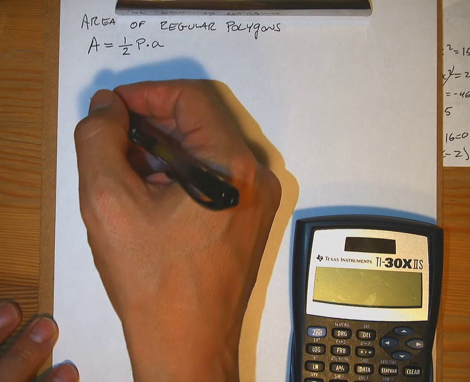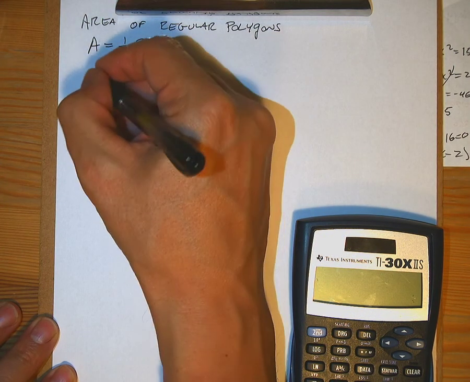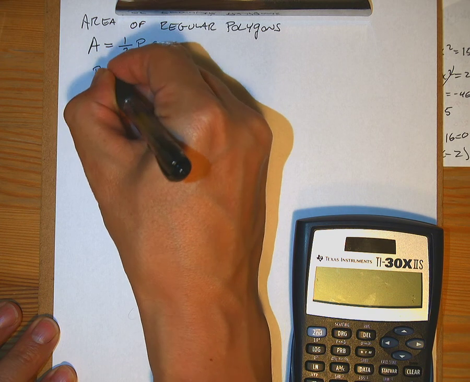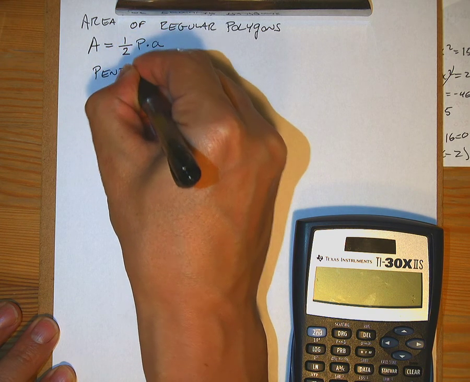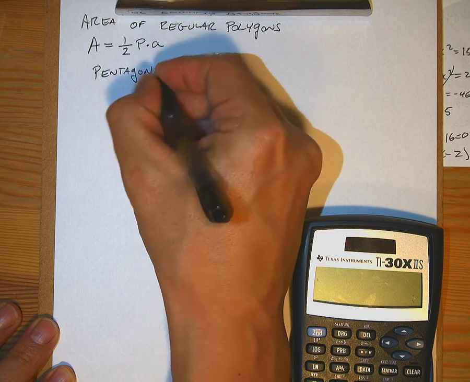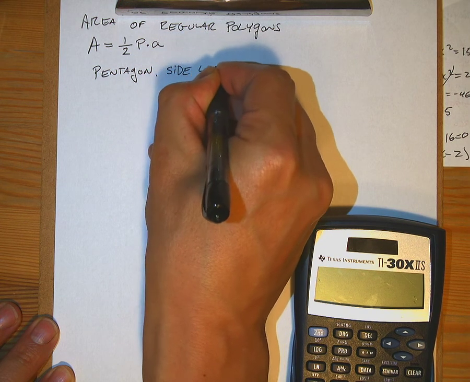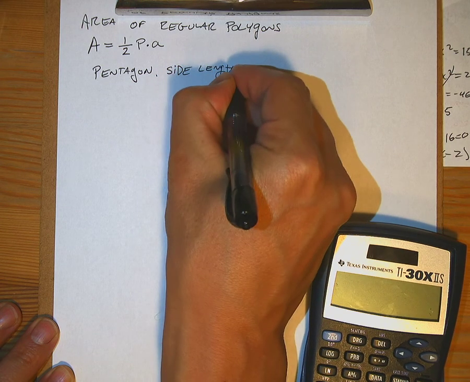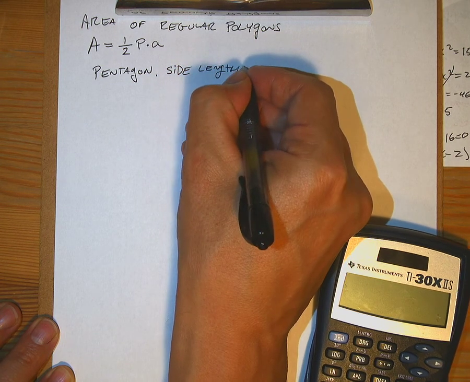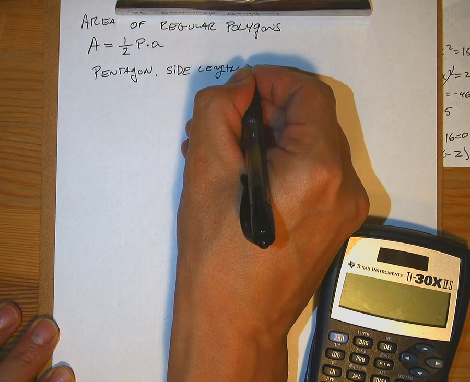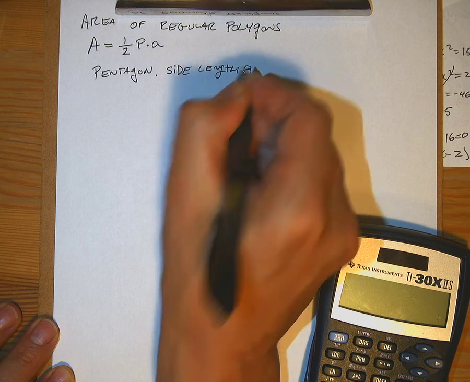For the first one, let's say we have a pentagon with side length 8.